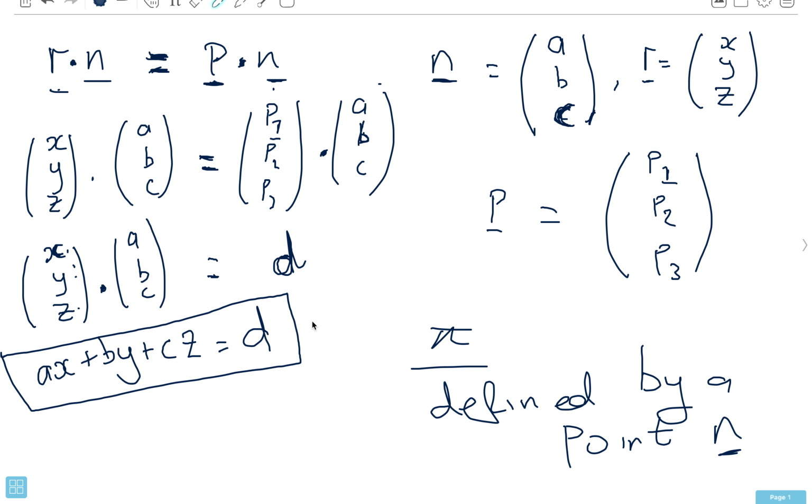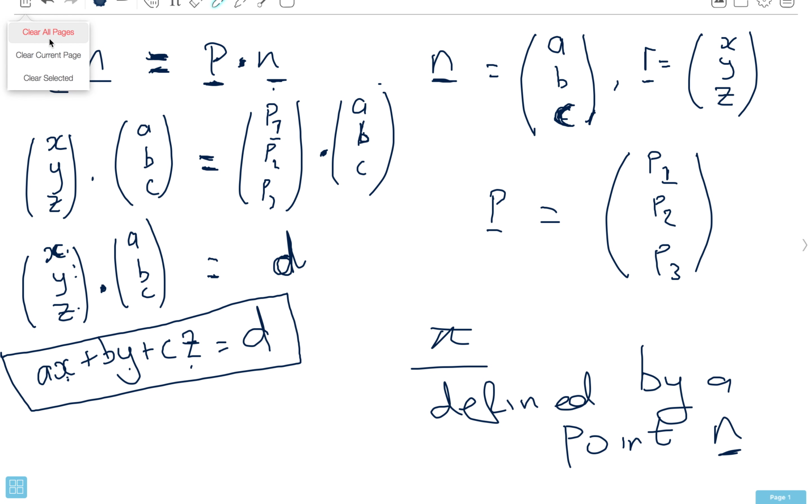If you don't know what I did here, then again, you're just going to have to go check out a previous video that I did on this. But so this is equal to this. What this now says is that if the point x, y, z is on the plane, then when I do this equation, it will equal d.